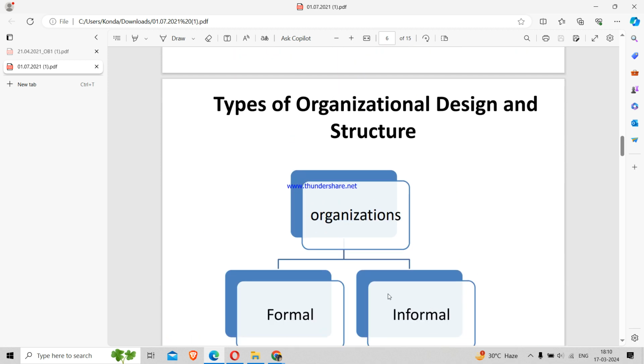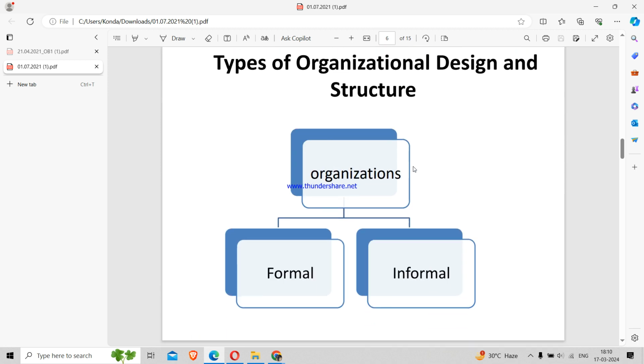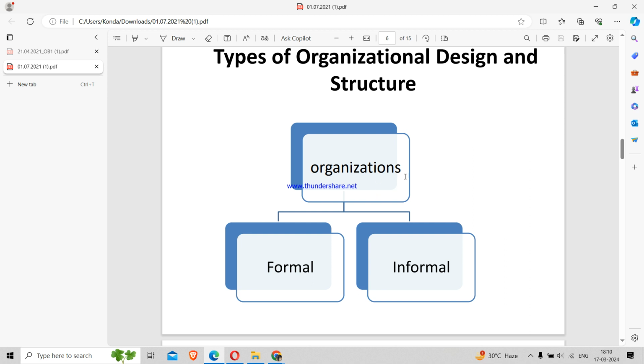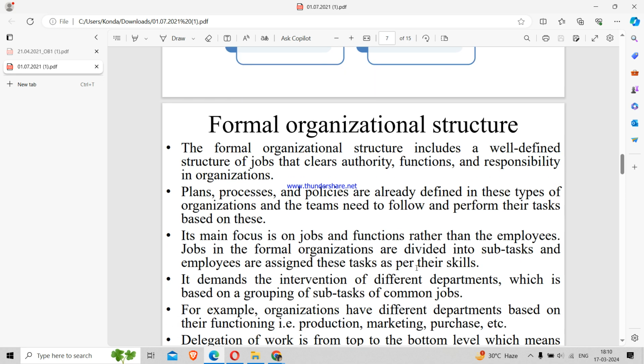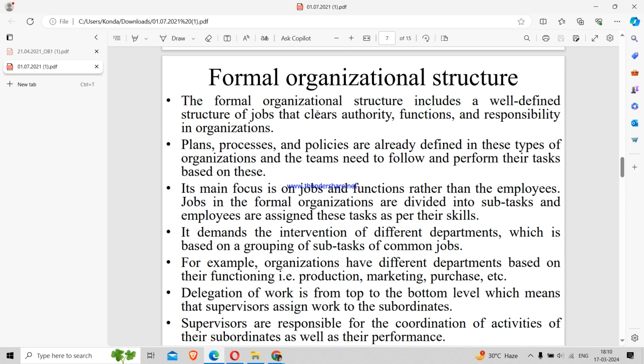So what are the types of organization design and structure? Organization structure can be of two types: it may be formal or informal. So what is a formal organization structure? The formal organizational structure includes a well-defined structure of jobs that declares authority, functions and responsibility in an organization.